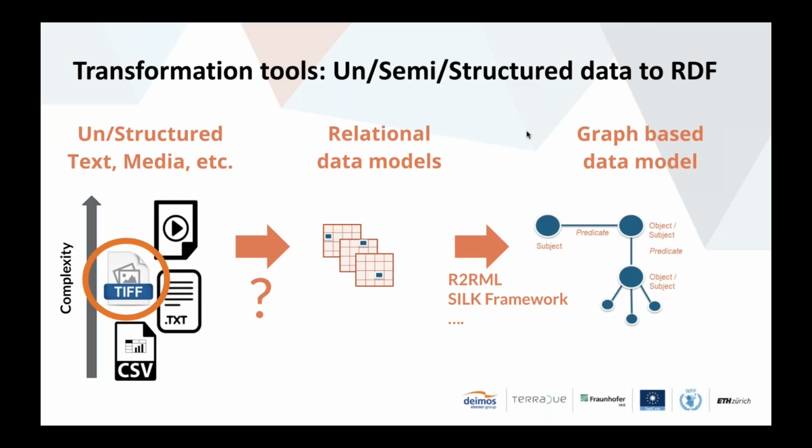Once we understand that we have different data, but it's related because it's, for example, all about satellite images, we can bring it all together through transformation tools which exist, which can lift data from databases, from text files, from CSV, and so on, into something which is a bit more sophisticated in terms of knowledge representation, for example, a knowledge graph, okay? So a knowledge graph consists of basically a lot of triples, okay? So that's why you have those bubbles there with connections in between.